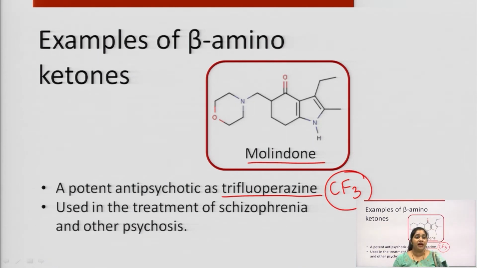So, beta amino ketone, the example is molindone, it is comparable to trifluperazine, and it is also used in the treatment of schizophrenia and other psychotic states, like for the decrease in the hallucinations and delusions.